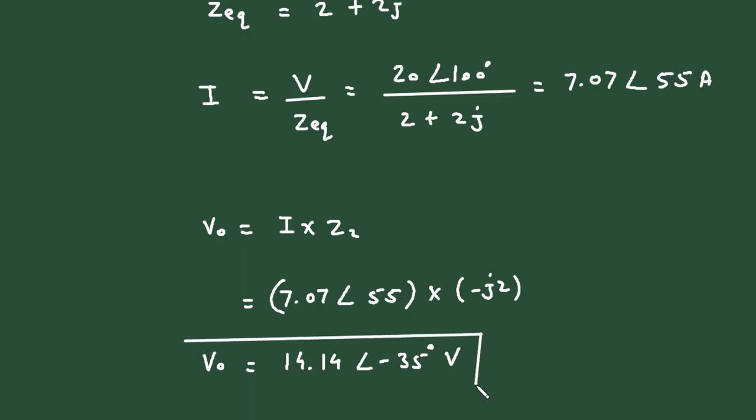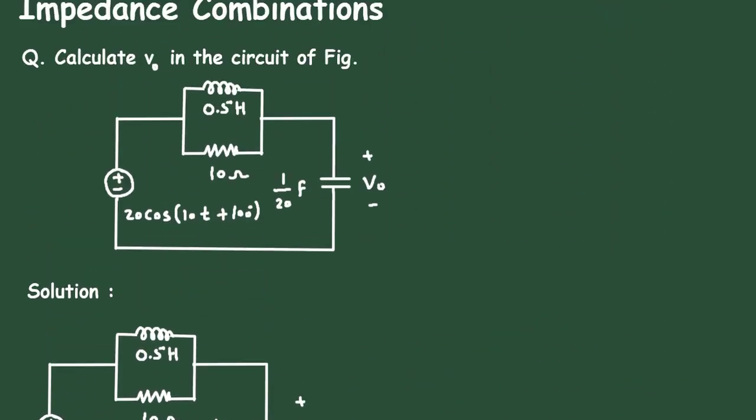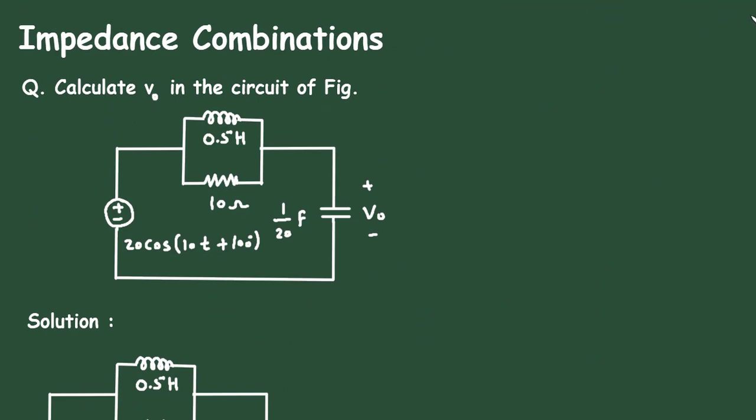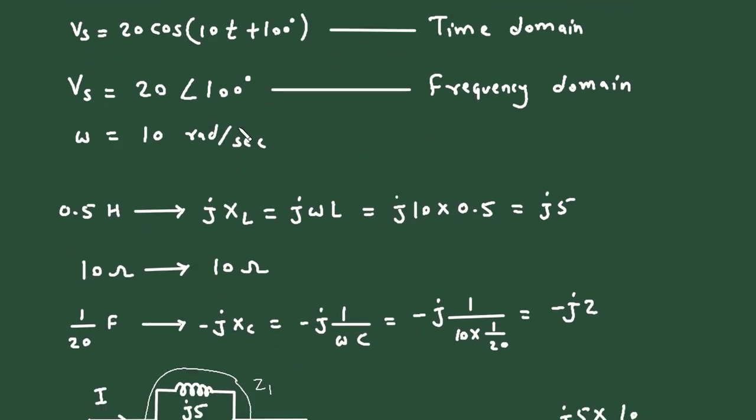And this answer is in frequency domain form and it is in polar form. And we need the answer in time domain format. So VO of t is equal to 14.14 cos(omega t). The value of omega is 10.